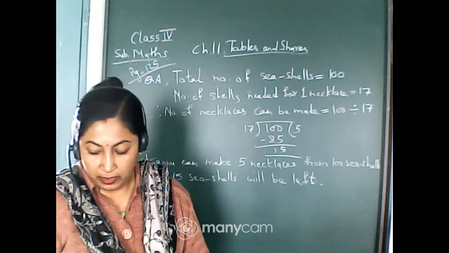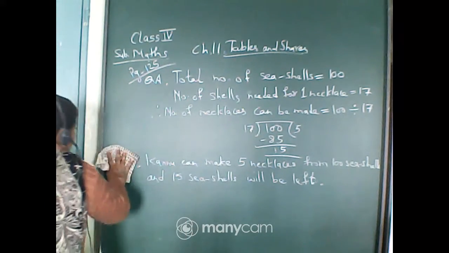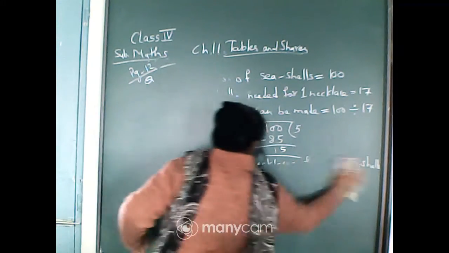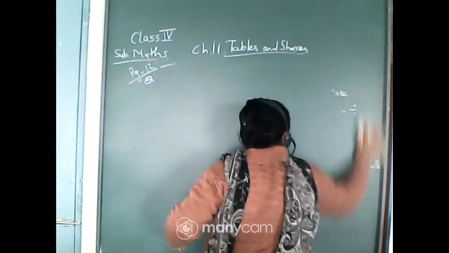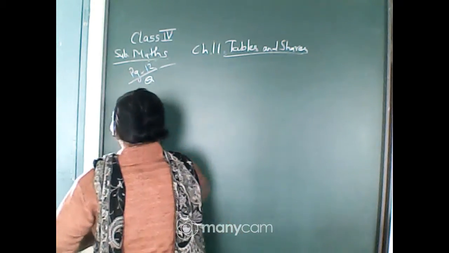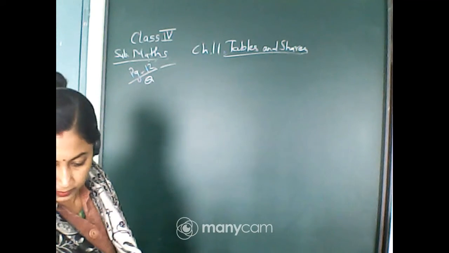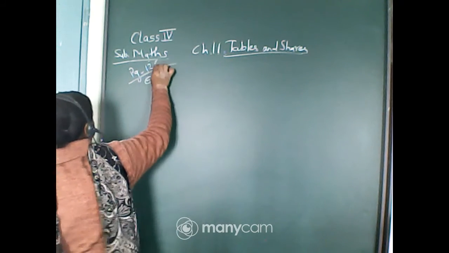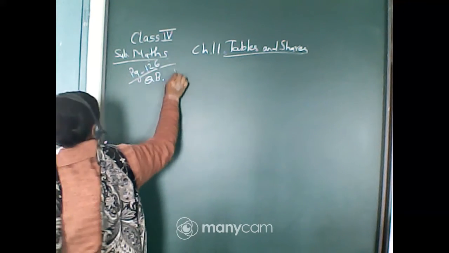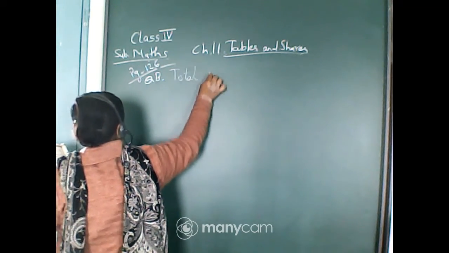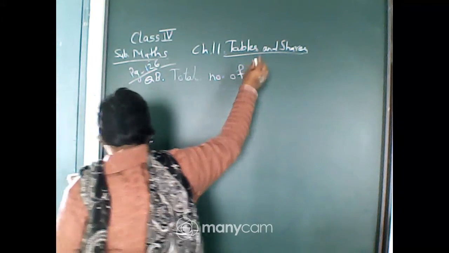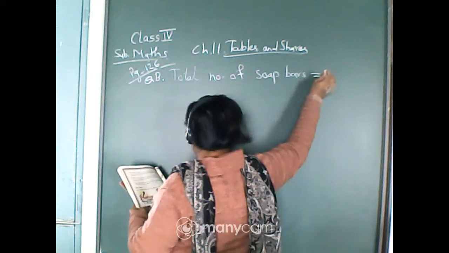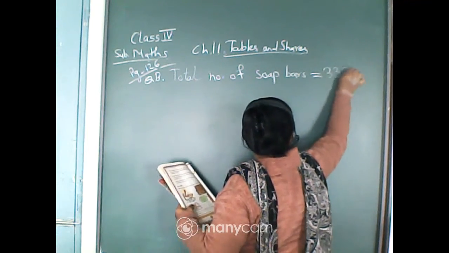Total number of soap bars. This is number B. Page 126, question number B. Total number of soap bars is equal to 338.